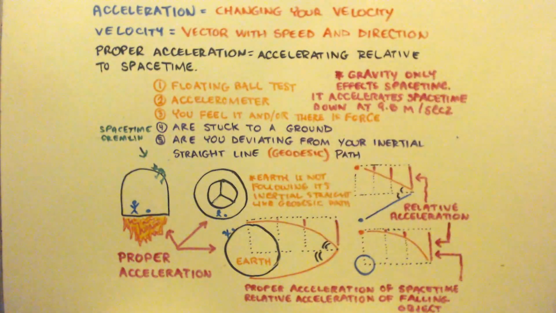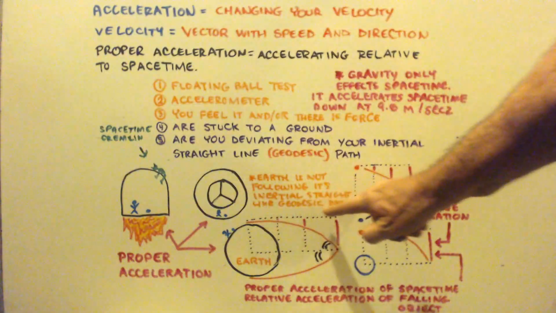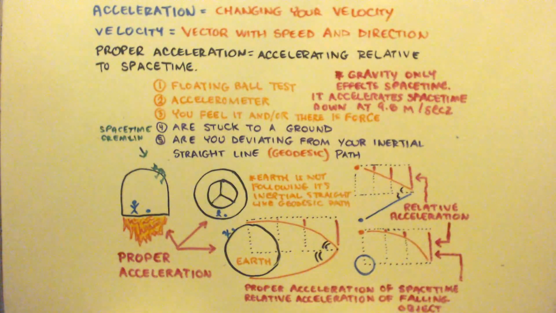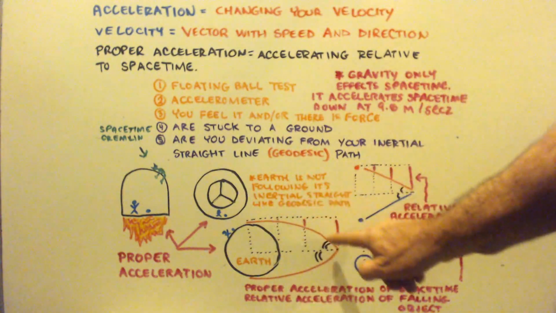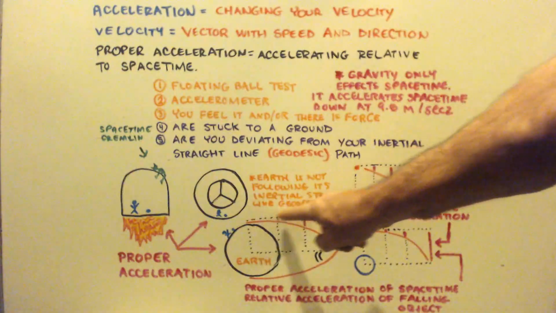But the North and South Pole, they are not following that inertial straight line path, are they? No, they're following the dotted line. I didn't do a dotted line here. So they are deviating, they're changing their direction. Okay? And so therefore, that's called proper acceleration. Because space-time is following this red line. It's accelerating down, but you are not.